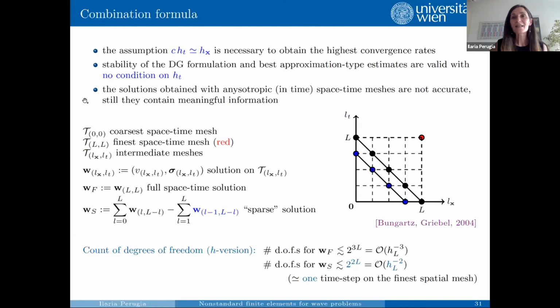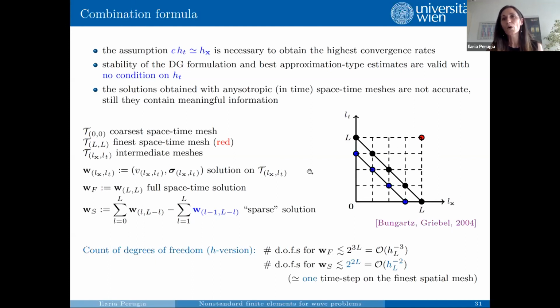So apparently this means that if we violate this constraint, we have not very accurate solutions, but the solutions we have are still meaningful, or better, they still contain some meaningful information. And so we can use combinations of them in order to reduce the number of degrees of freedom and obtain the same accuracy. And this is how this is done.